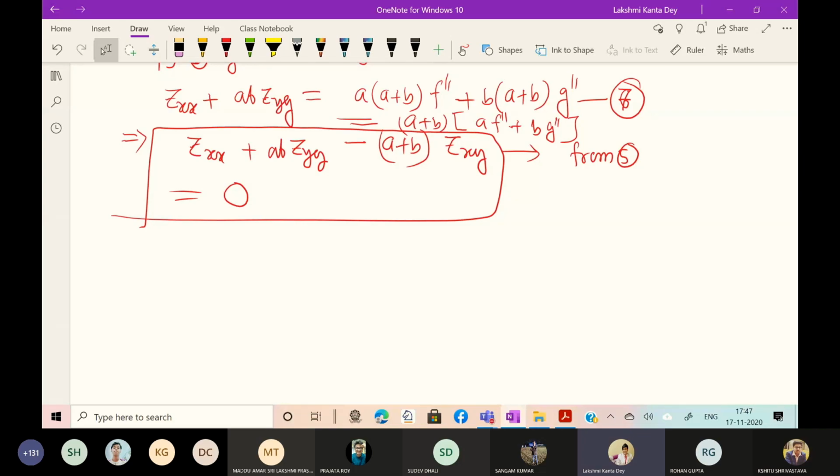As I told you in the beginning of the second exercise, the partial differential equation we get may contain constants, because a and b are constants, not arbitrary constants. Here the arbitrary functions are small f and small g. We have to eliminate only those two arbitrary functions.